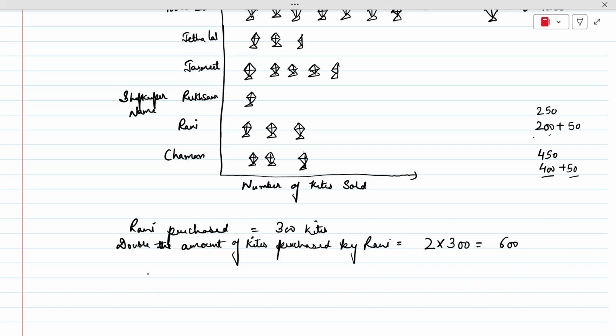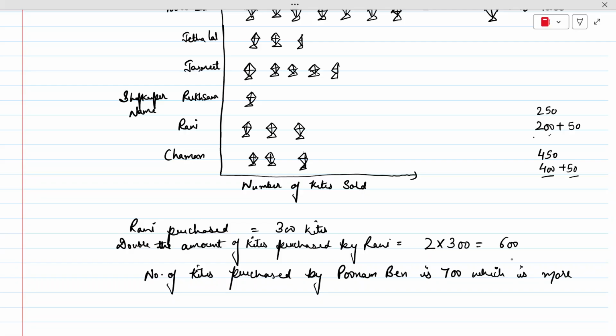So let us write here: number of kites purchased by Poonam Ben is 700, which is more than the double amount of kites purchased by Rani.